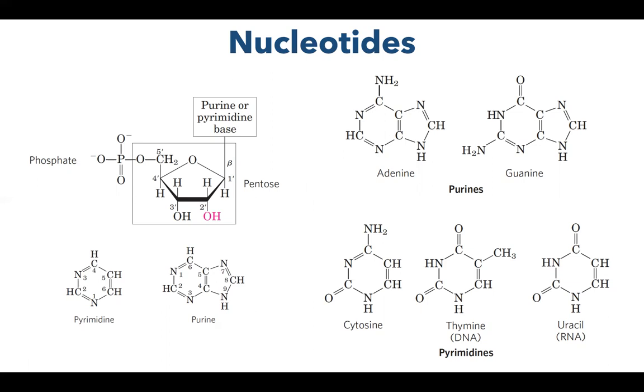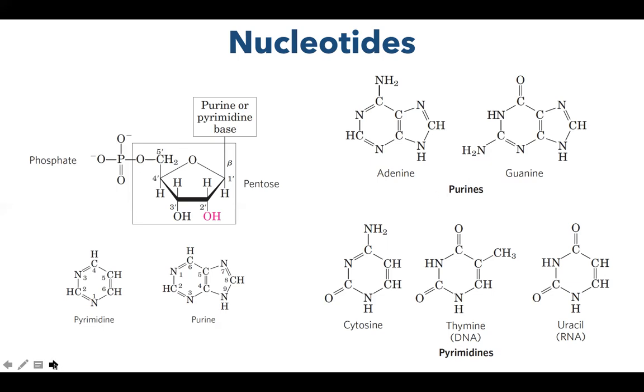So take note, there are rare occasions wherein you will find uracil in DNA and you will find thymine in RNA. So the distinguishing feature is the sugar. If it is a ribose, then it is an RNA. If it is a deoxyribose, then it is a DNA. So it doesn't depend on the identity of the pyrimidines nor the purines that you find in the nucleic acid.